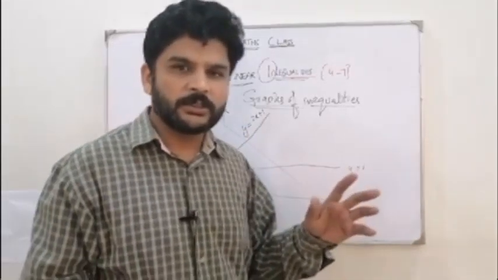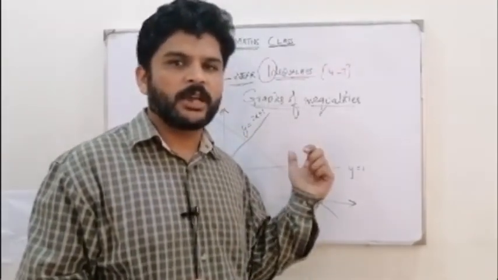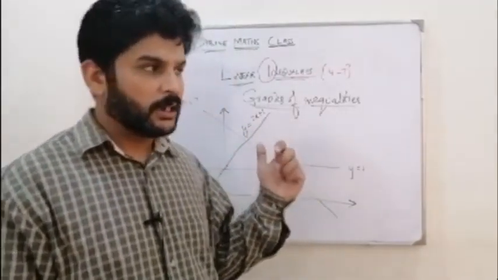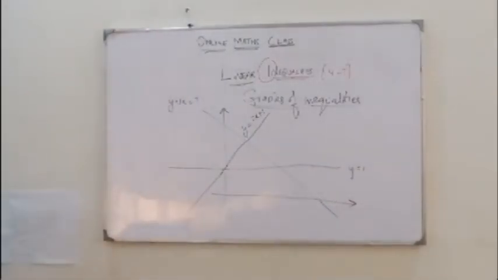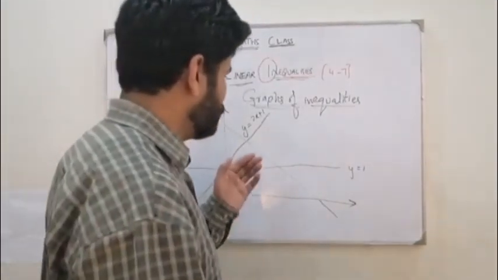That is what I'm going to tell you in the coordinate geometry. So first, here, what I'm going to tell you is how to shade the graph, right? So let's see how you shade this.